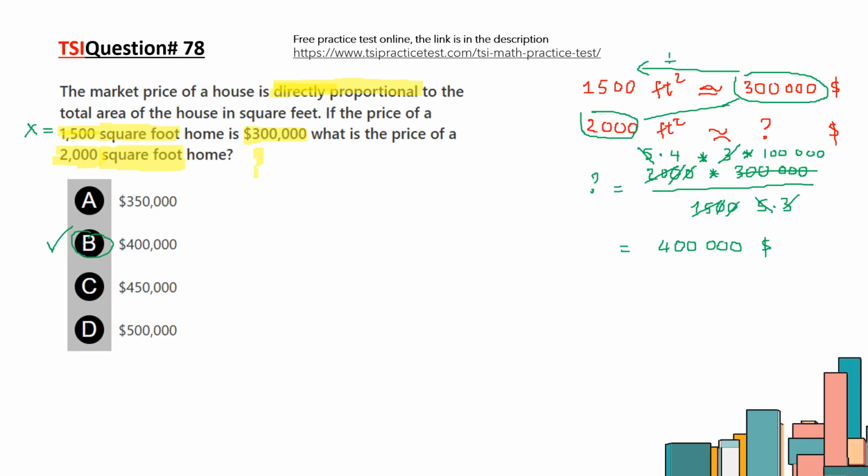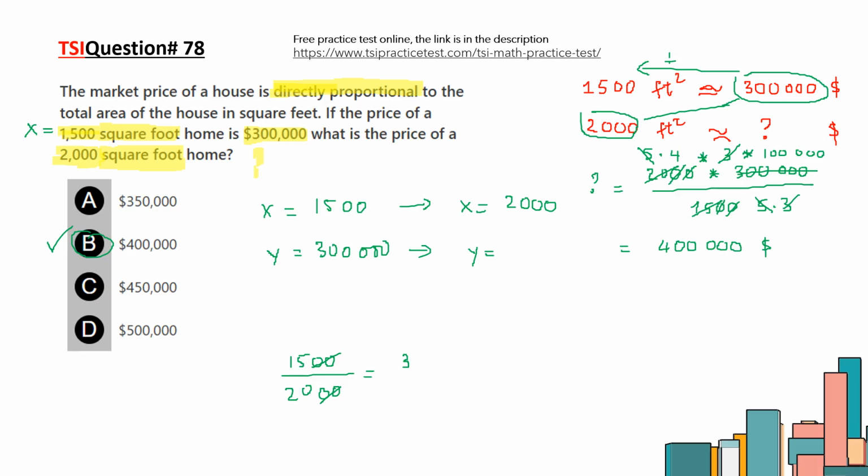If x equals 1,500, and then x increases to 2,000, and y equals 300,000, how much will y increase? From 1,500 over 2,000, we cross to see what the ratio is. So we have 3/4.